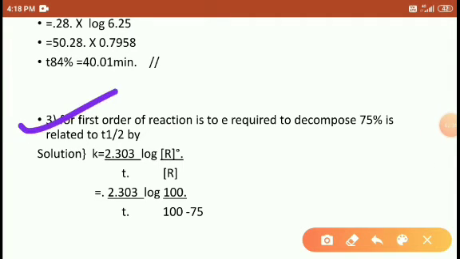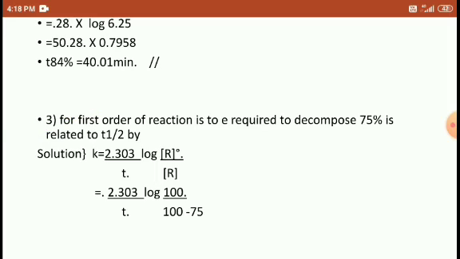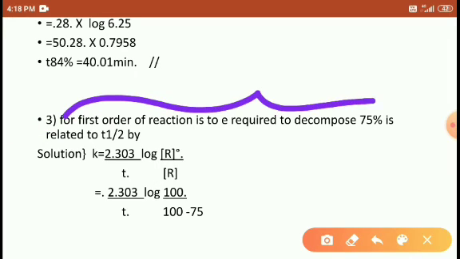So next example: the time required for a first order reaction to decompose 75% is related to the T half. Once again, read the question.